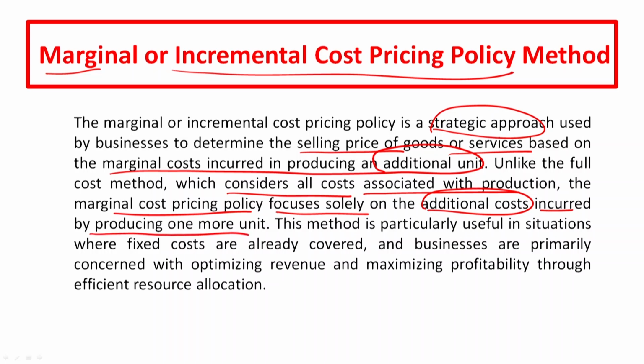As you are aware, in the full cost method, we were taking into consideration the full cost involved in the process, but in this one, we are only considering the cost involved in producing one more unit.